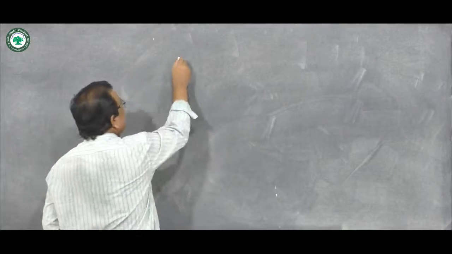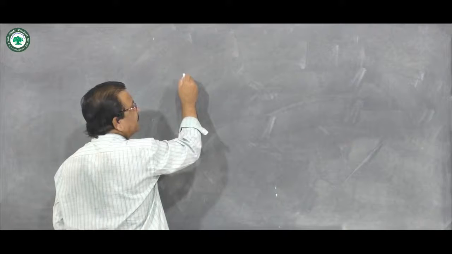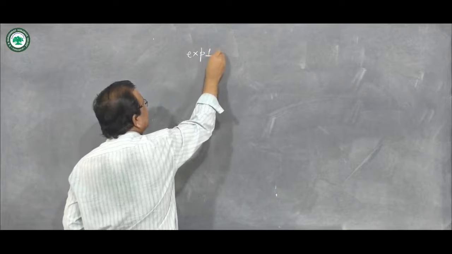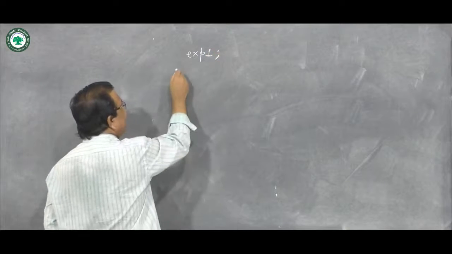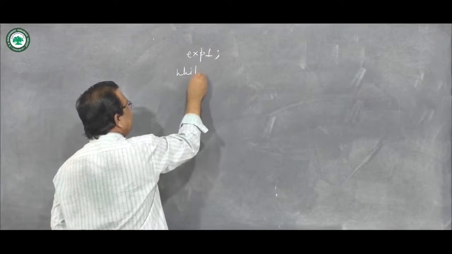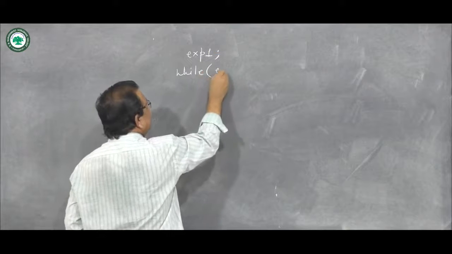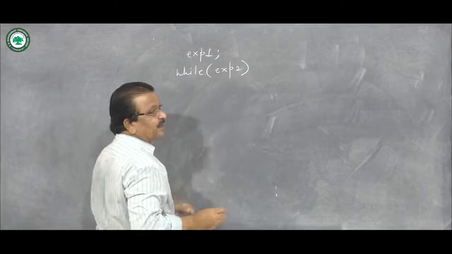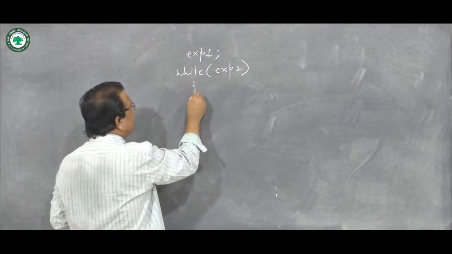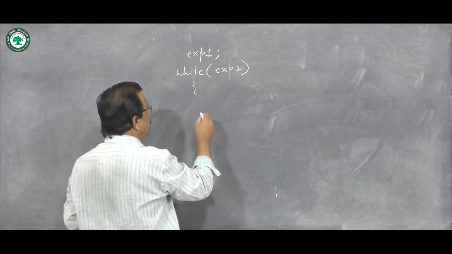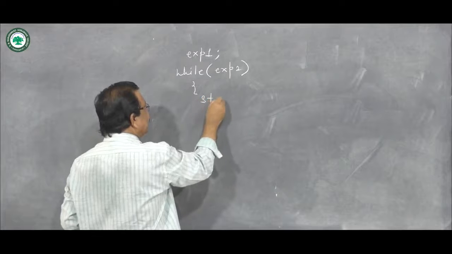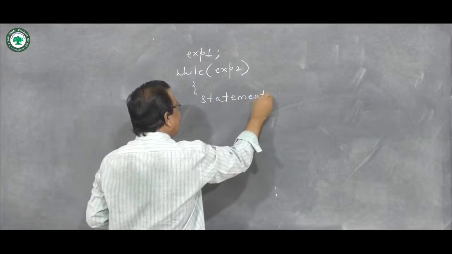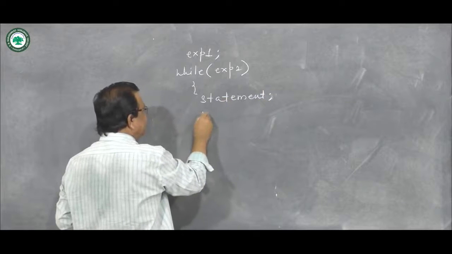What happens in a for loop? Expression 1 is evaluated first, so I am writing expression 1 here, semicolon. Then after that the test condition, so I am writing here while expression 2. After while there is no semicolon. Then after expression 2, the statement gets executed. After the statement, expression 3.